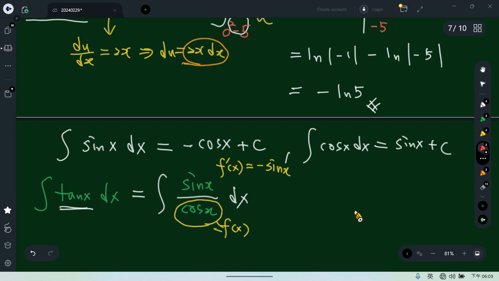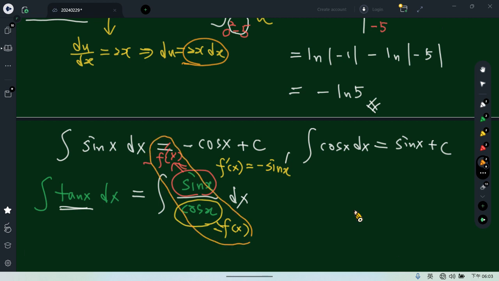So we can regard this as minus f prime x. Please pay attention here. Here will be f prime x over f of x.